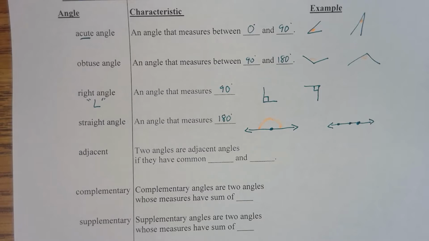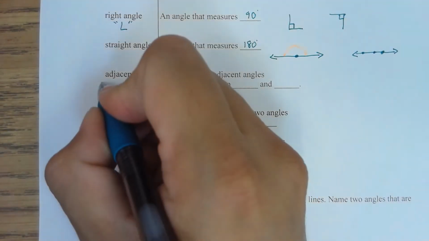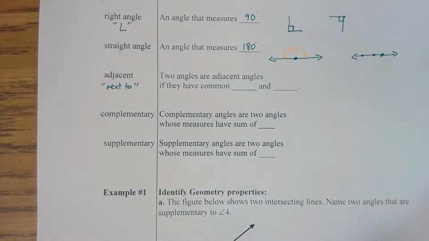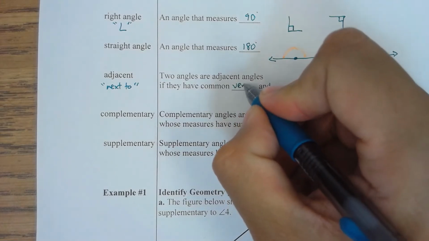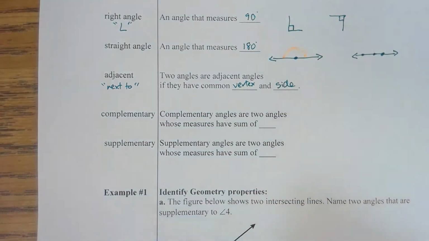Alright, some more vocabulary. Again, it's very important to know the vocabulary because these help your geometry. The word adjacent means next to. Two angles are adjacent if they have the same vertex and they share a side.